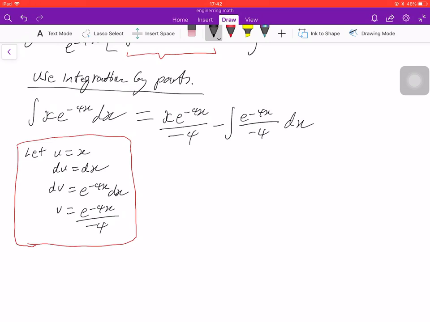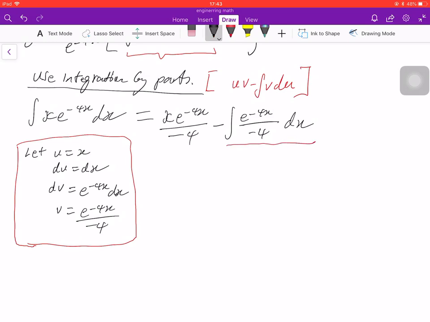Let me note down the integration by parts formula, which is uv minus the integral of v du. You have to do this integration by parts, so we substitute the u and v into this equation. Now we need to do the integration of this one.